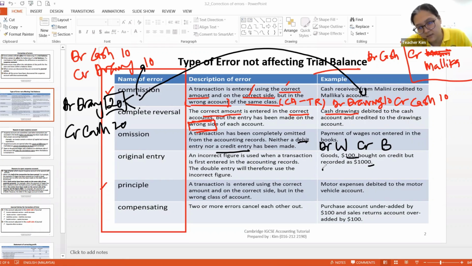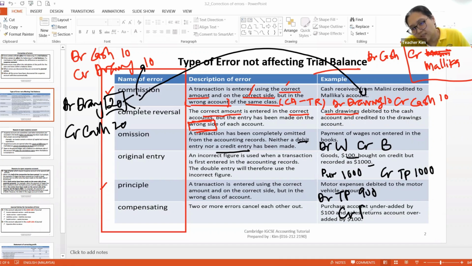Debit the purchases, the purchases become 1,000, and credit the trade payable 1,000. By right it should be 100. So when we make this adjustment, we have to debit trade payable 900, credit purchases 900. Because 1,000 minus 900 will get back the 100. So this is how the adjustment is made.